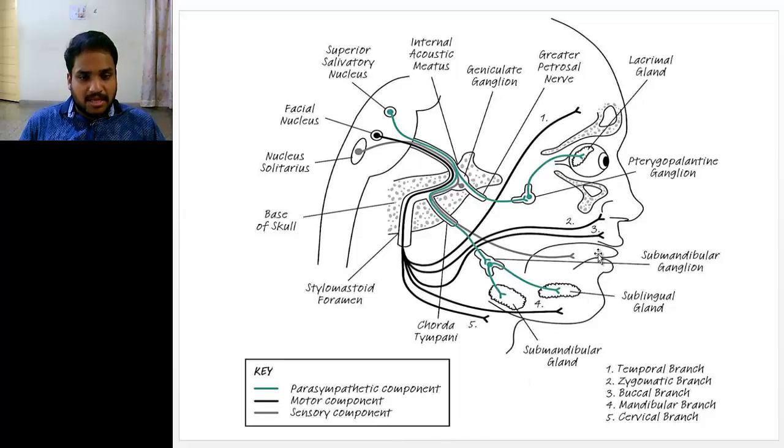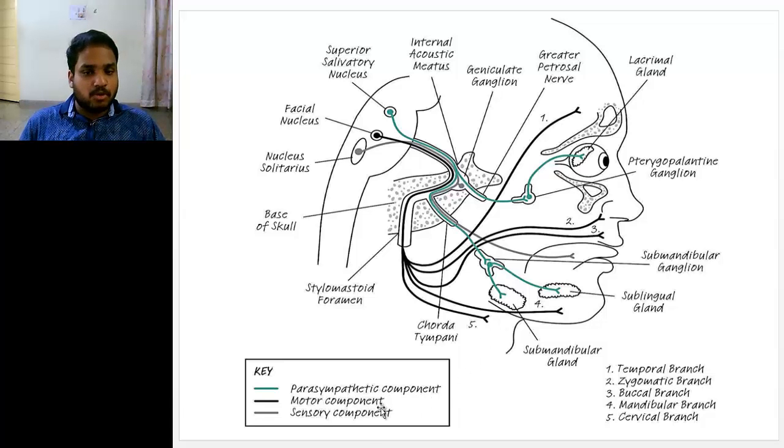The sensory component carries sensations from the anterior 2/3 of the tongue. Anterior 2/3 of the tongue, the sensation is carried by the facial nerve, right? So also it has got a parasympathetic component. It supplies secretomotor fibers to the lacrimal gland, the sublingual gland, as well as the submandibular gland. Fine.